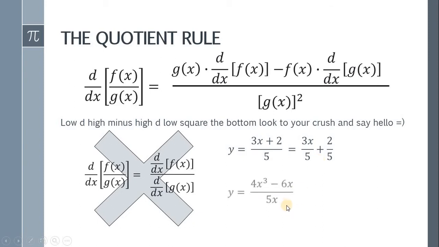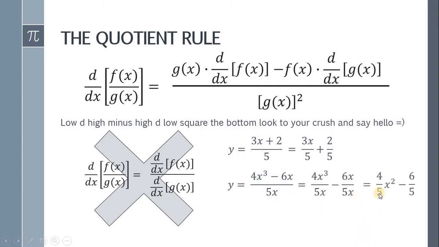Another thing, again, kung monomial yung nasa denominator, pwedeng hindi tayo gumamit ng quotient rule, kasi pwede natin siyang i-simplify. Like for example, we have 4x cubed minus 6x all over 5x. So this can be written as 4x cubed over 5x minus 6x over 5x. Now in this case, pwede natin siyang i-simplify and it can be written as 4 over 5 x squared minus 6 over 5.